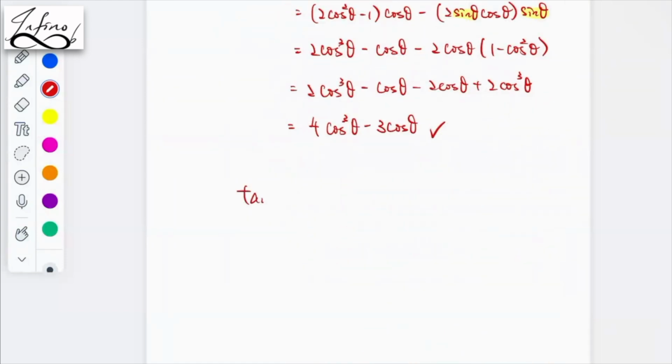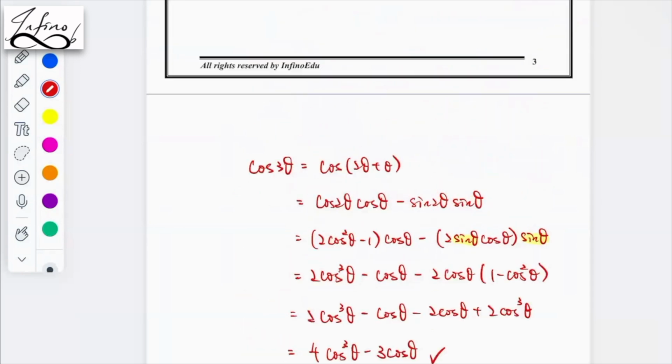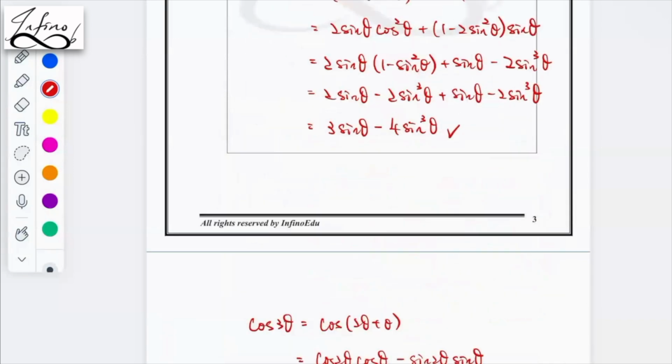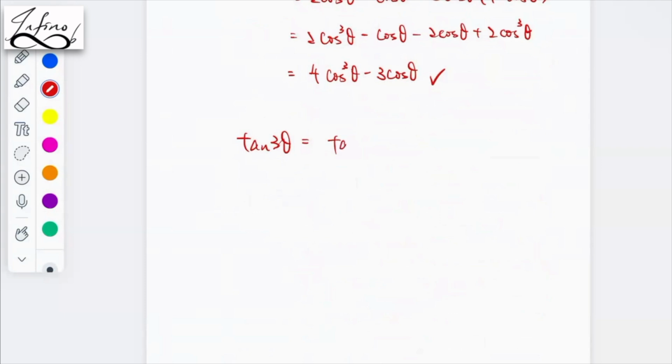And then finally it would be tangent 3 theta. Tangent 3 theta is basically just the compound angle formula for tangent, which is tangent of 2 theta plus theta.